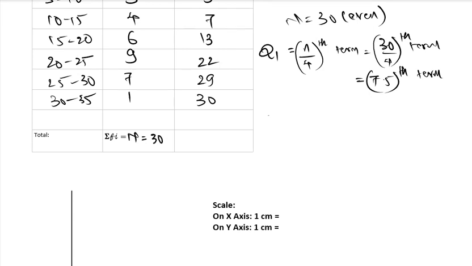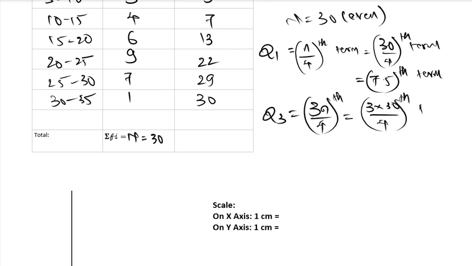Okay. What will be Q3? Q3 will be 3n by 4th term, 3/4 of the whole number of observations. 3n by 4th term, which is 3 into 30 by 4th term. Right? So 30 by 4 we just found out, which was 7.5. 7.5 into 3, that is the 22.5th term.